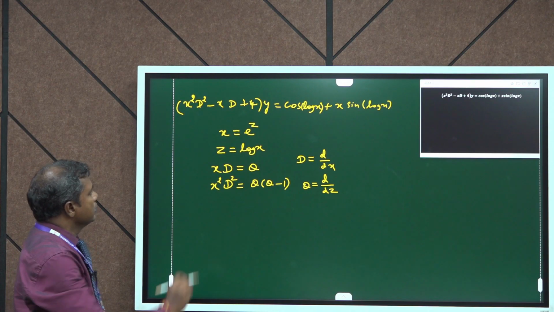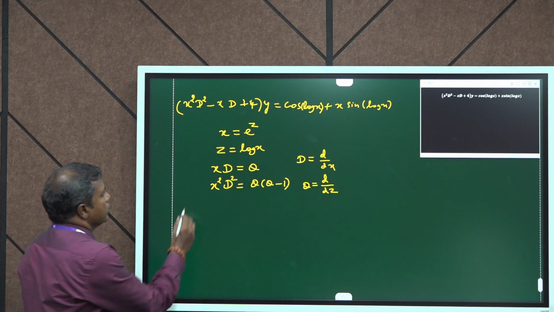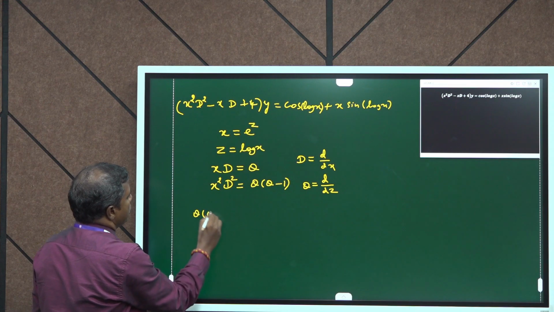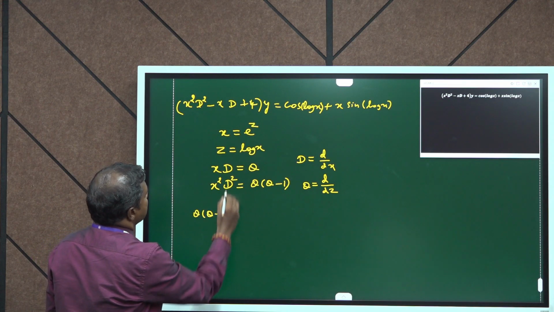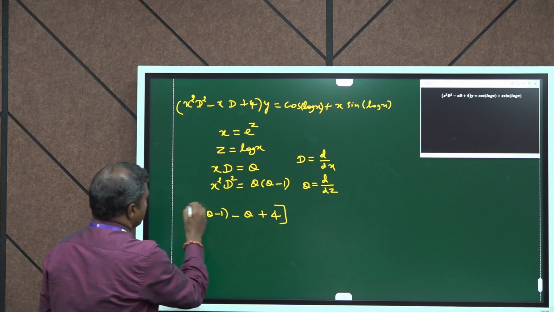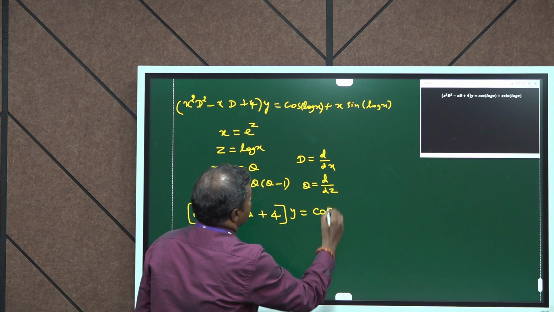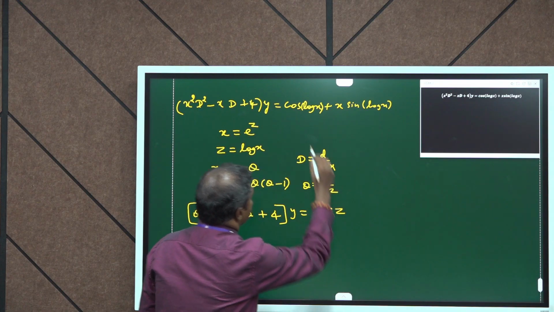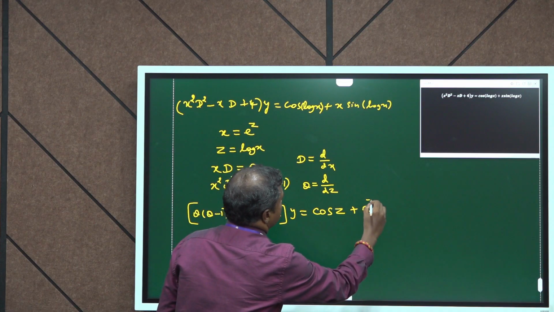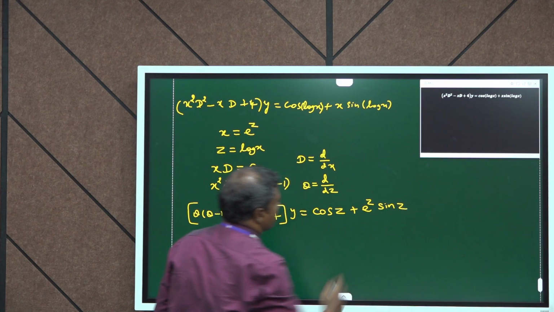Now we make the given differential equation into a constant coefficient equation by making the substitution. So theta into theta minus 1, x D means theta, plus 4 into y, which is equal to cos of log x, and log x is z, therefore cos z. x is e power z, and sin of log x is sin z.